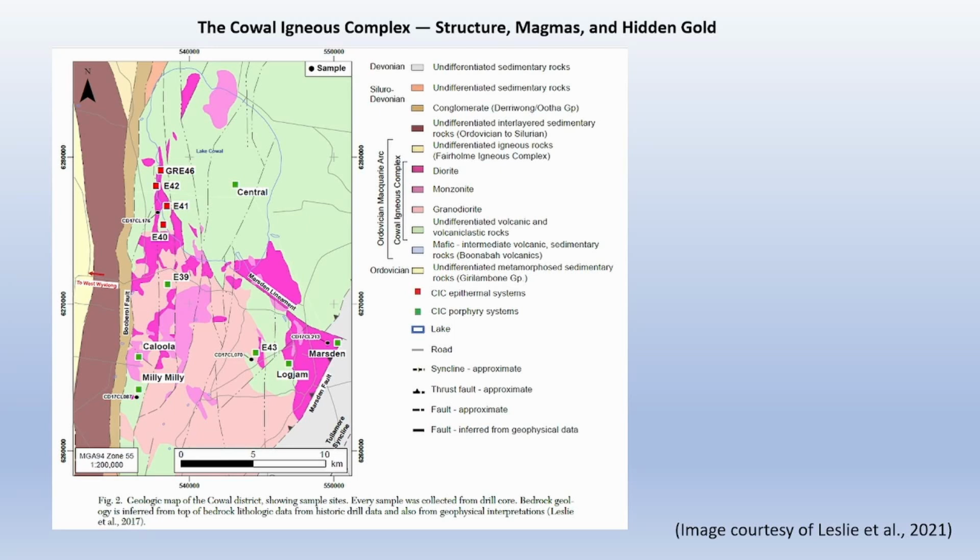Intrusions here range from early monzodiorite to syn-mineral granodiorite porphyries. And then nearby at E43 and Milly, we see mineralized breccias, stockwork veins, and chalcopyrite-tourmaline replacements.